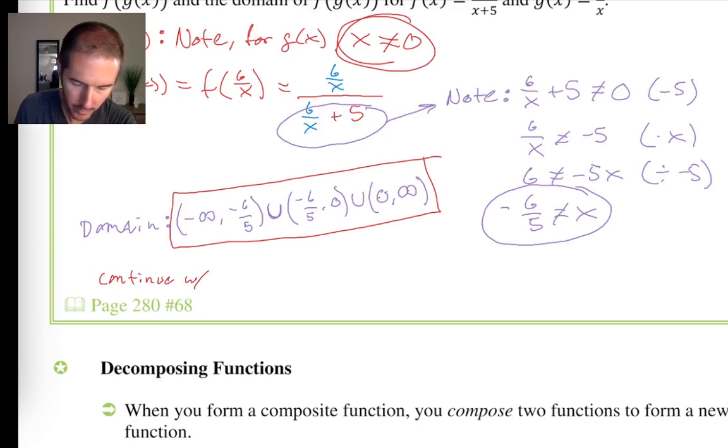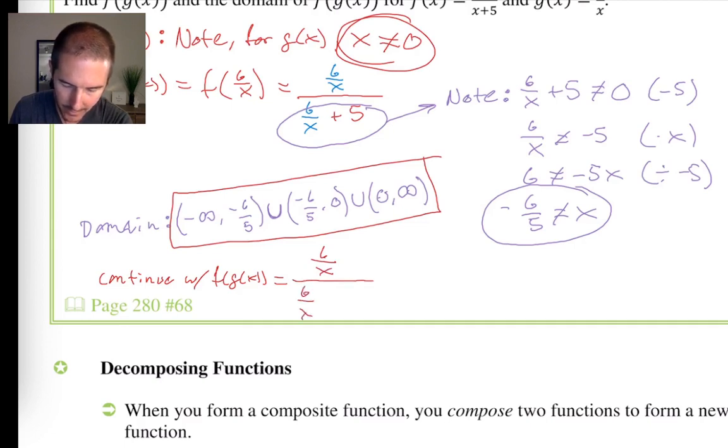Continue with f of g of x equals, we have 6 over x divided by 6 over x. And now I'm going to make a modification. I'm going to write this as plus 5 over 1, which is the same as 5, times x over x in order to achieve a common denominator.